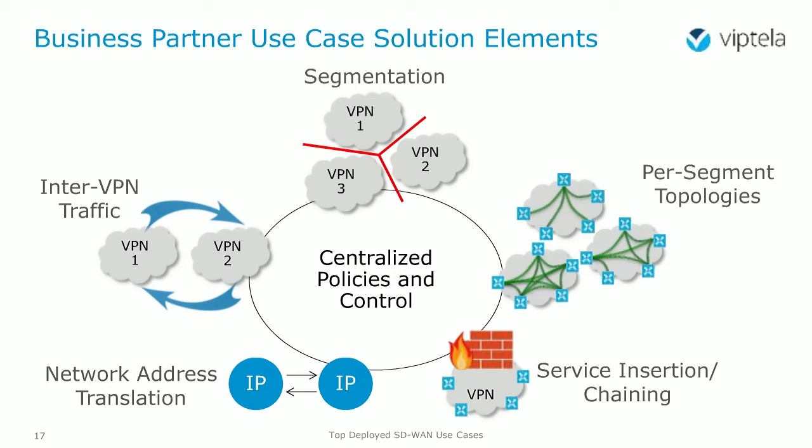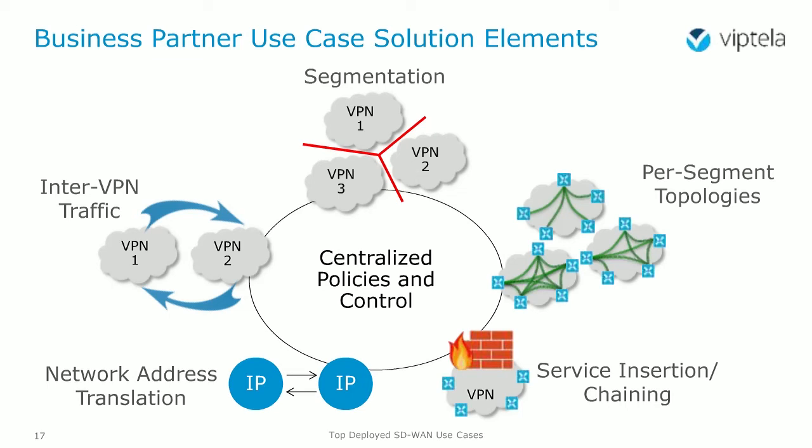Now, once they've been provided connectivity into that hub, there's the ability to do service insertion or service chaining through one or more service nodes. There could be a requirement for network address translation in case that partner actually uses an IP space that you are also using. You can't really force your partner to re-IP just because they need to connect to you.